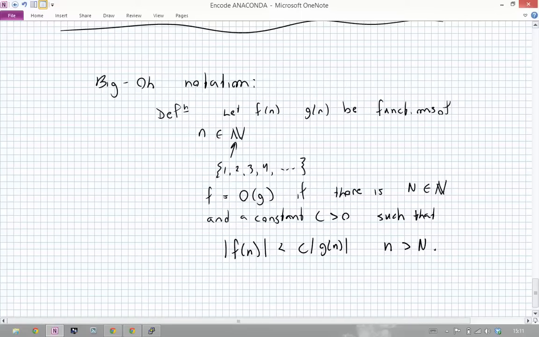We say f equals big O of g. That's kind of part of the definition. It's not a place where you would normally use equals, but it is the case.